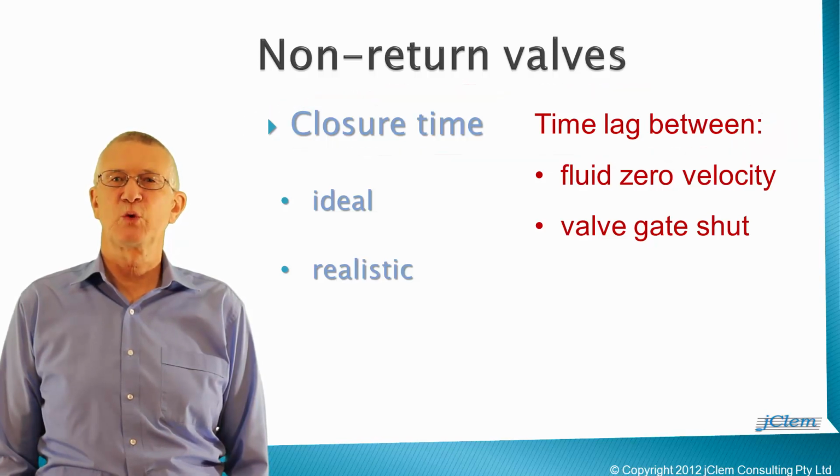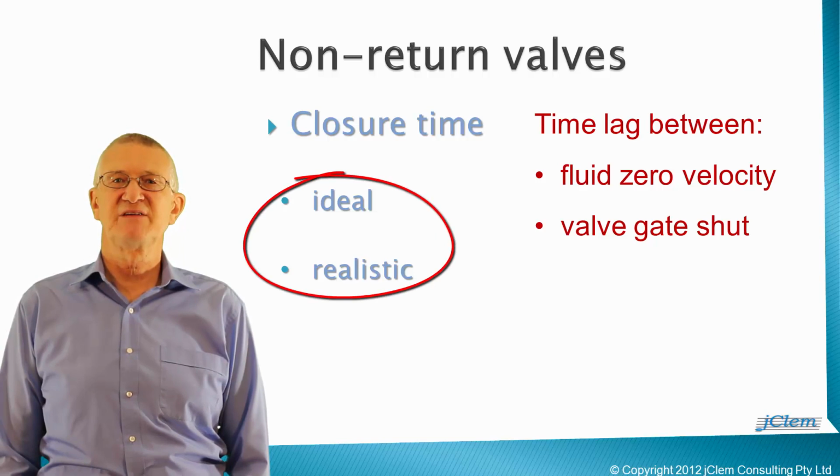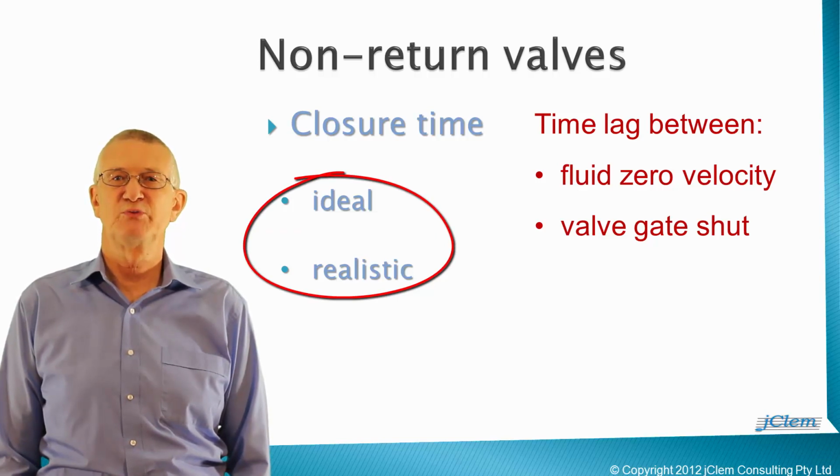The WATHAM software allows users to specify a closure time value for each non-return valve. So for a transient analysis software user, the question becomes, when can I safely assume an ideal non-return valve with a closure time of 0 seconds? And when do I need to give the non-return valve a realistic non-zero value for its closure time?